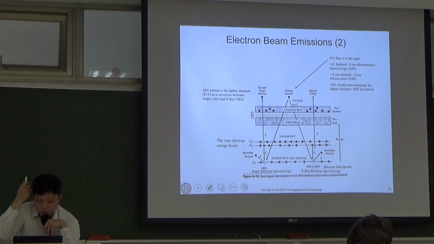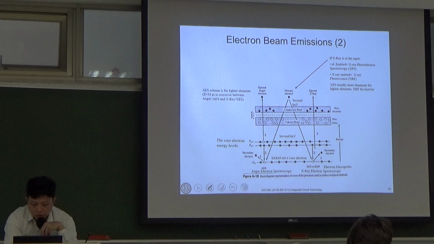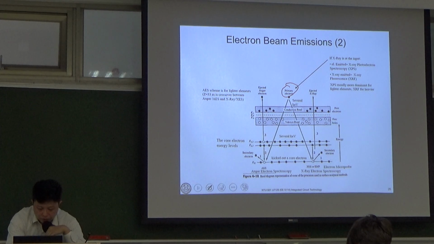If we have a primary electron injected in your material, for example here, you excite another secondary electron, which causes a higher energy level electron to come down and fill this site.